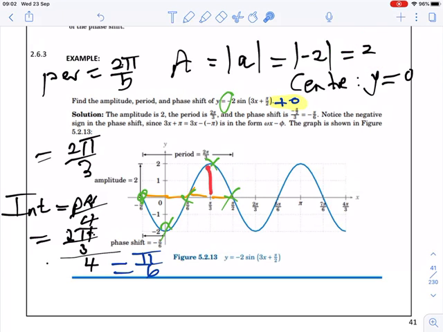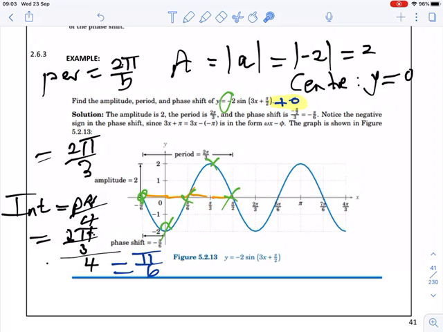And once again, if we look from the center to the top, we see that the amplitude is 2. The period should be 2 pi over b. B is what is in front of the x, so therefore it should be 2 pi over 3. And if I divide that now by 4, I find my interval, which is pi over 6. So in other words, from here to here will be pi over 6, pi over 6, pi over 6, pi over 6.